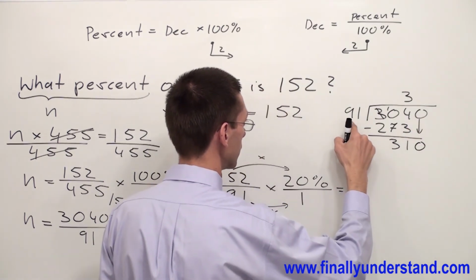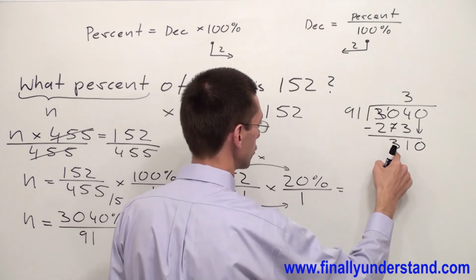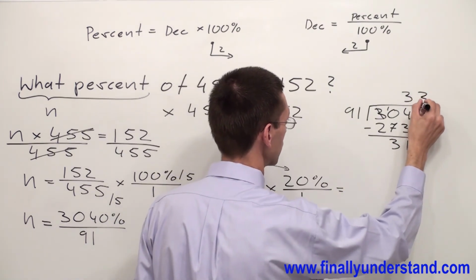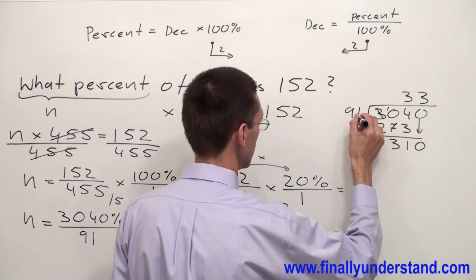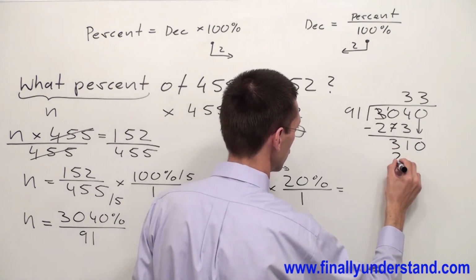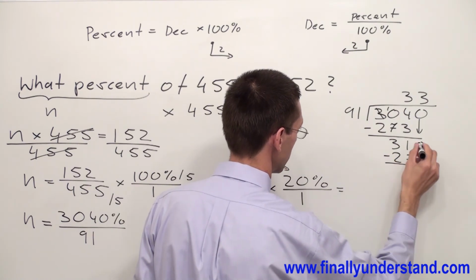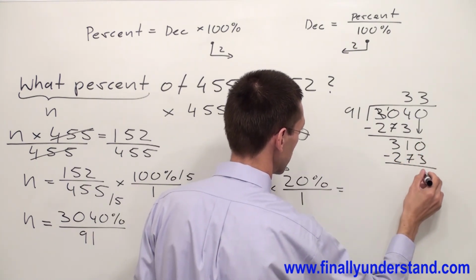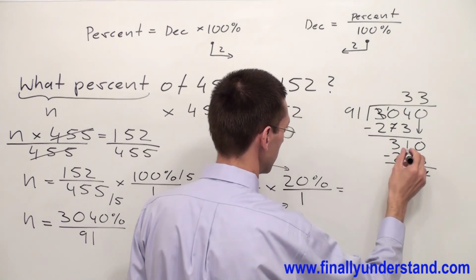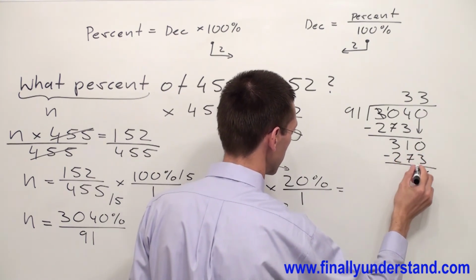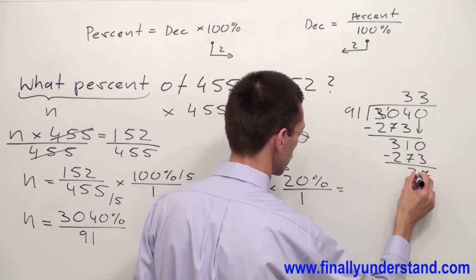How many times does 91 go into 310? 3 times. 3 times 91 is 273. Subtract. Again, I'm going to have 10 minus 3 is 7. 10 minus 7 gives me 3.